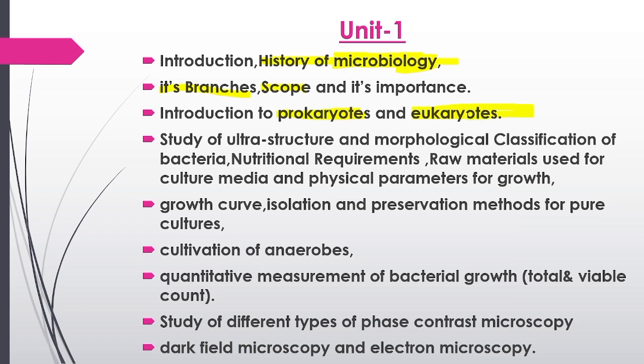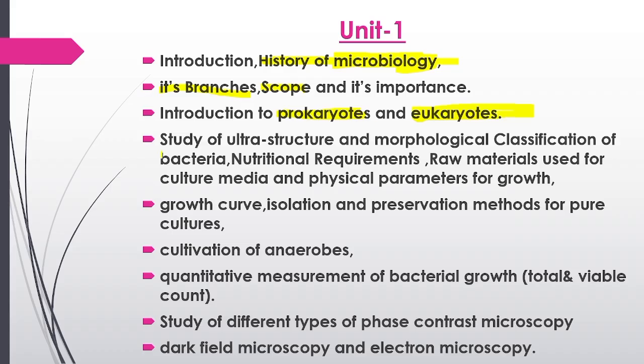What are cell organelles? Cell organelles like mitochondria, ribosomes, plastids, endoplasmic reticulum, Golgi apparatus. So eukaryotes contain different types of cell organelles.